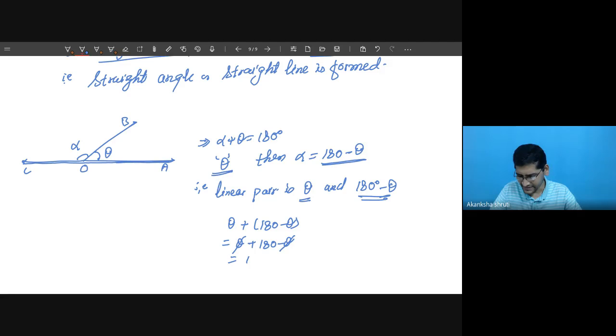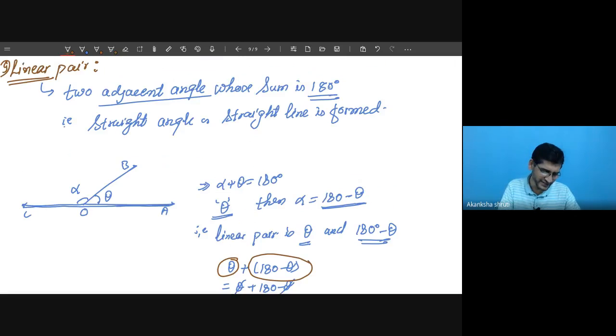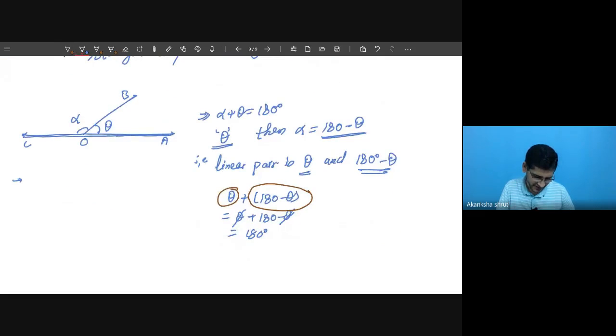Theta gets cancelled. It is 180. So therefore this theta and 180 minus theta are forming the linear pair, provided in the figure they are adjacent. That is the condition. So it is a special case of supplementary angle.